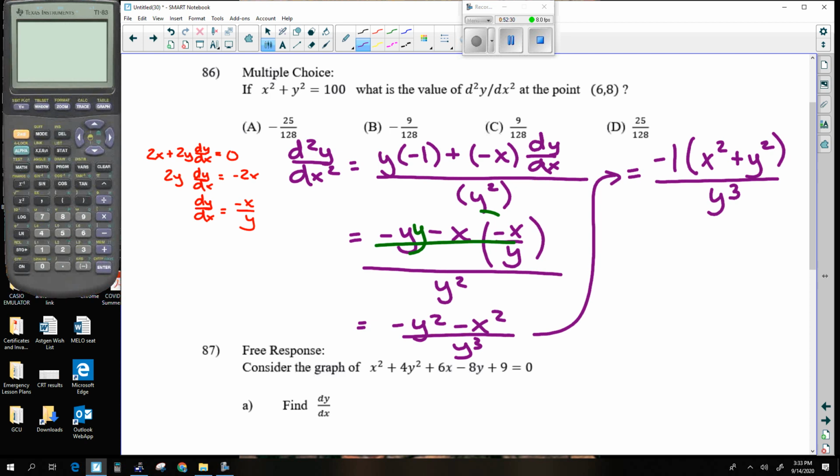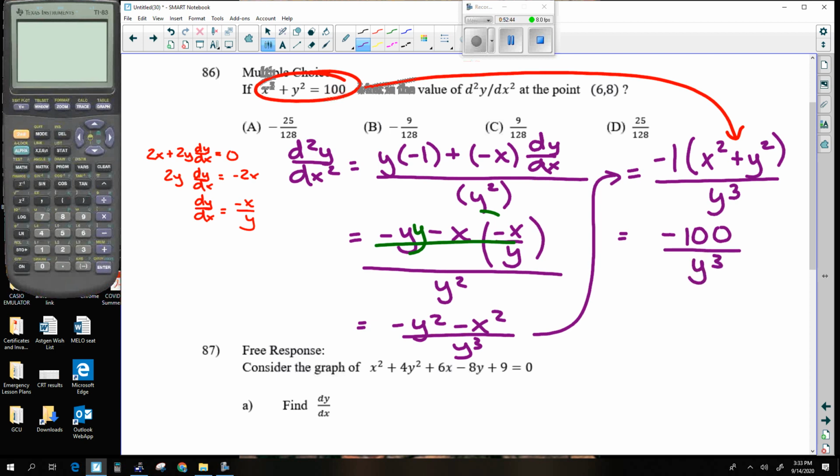But you can go as far back as, you know that x squared plus y squared is equal to 100. Okay, so that's the second derivative in itself.